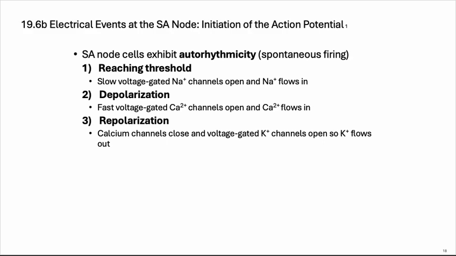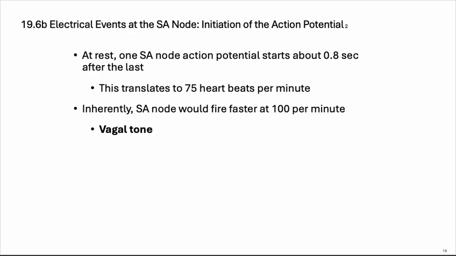So if you alter the rate at which you get these pacemaker potentials, then you're altering the heart rate, how many times it beats per minute. Typically we get one of these signals initiated about every 0.8 of a second, starting about 0.8 of a second from the previous one. That corresponds to about 75.